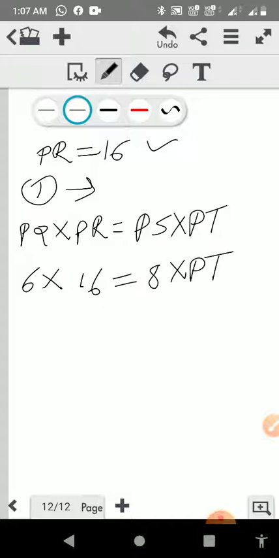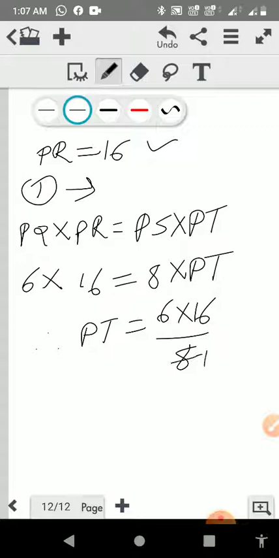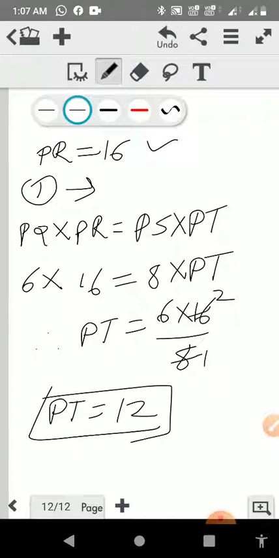So I can write PT equal to 6 into 16 divided by 8. 8 ones are 8, 8 twos are 16, and I will get PT as 12 units.